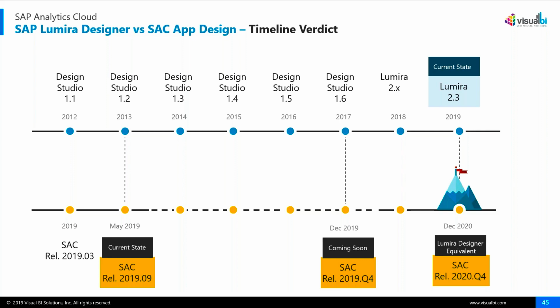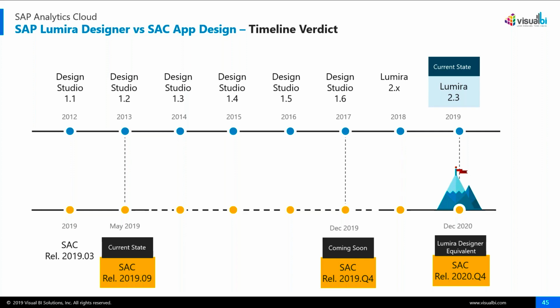So with the pace that we are traveling with SAC App Design, our verdict would be that we will be where Lumira Designer is today by the end of 2020 or early 2021. And definitely with the ability of custom SDK, building custom apps, and the kind of facilities that are going to be available with SAC App Design, we are going to reach where Lumira 2.3 is today in 2020 Q4 or Q1 2021, is what the verdict is.